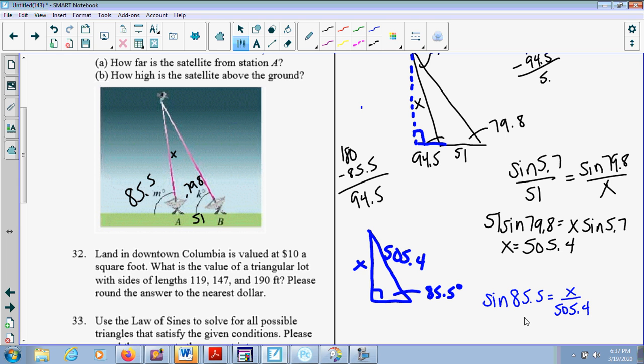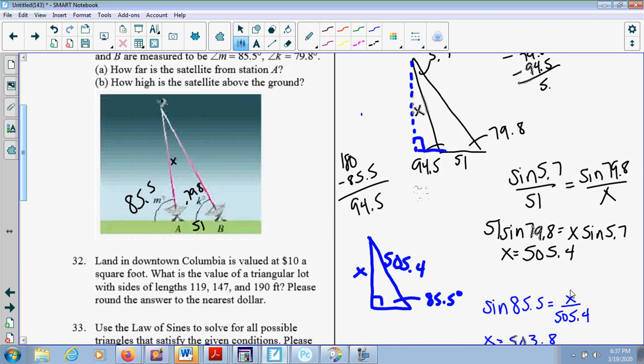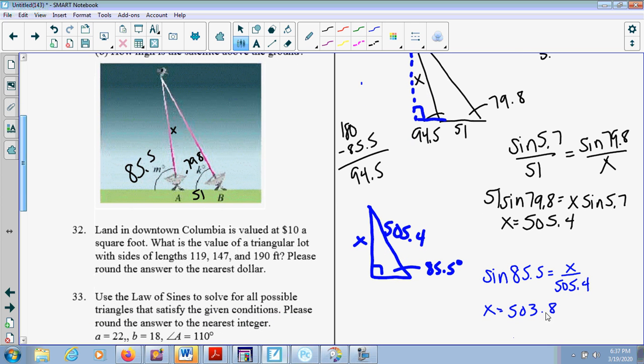Just multiply 505.4 to the other side. 505.4 times sine of 85.5, and it ends up being 503.8. Whatever units we're using, I don't know. Miles, meters, miles. These are all in miles. Miles. Okay. Alright, so that is it.